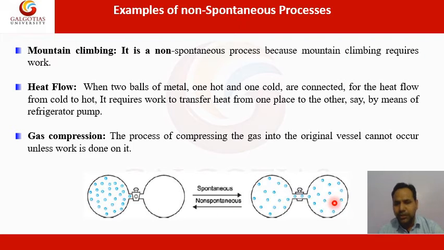This process is spontaneous. Suppose we try to collect the gas back into one chamber; that is not possible. It is a non-spontaneous process, and this is an example of one.